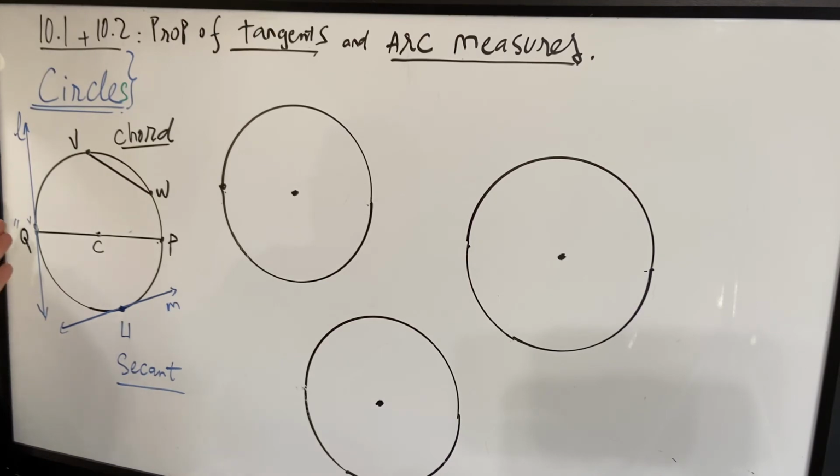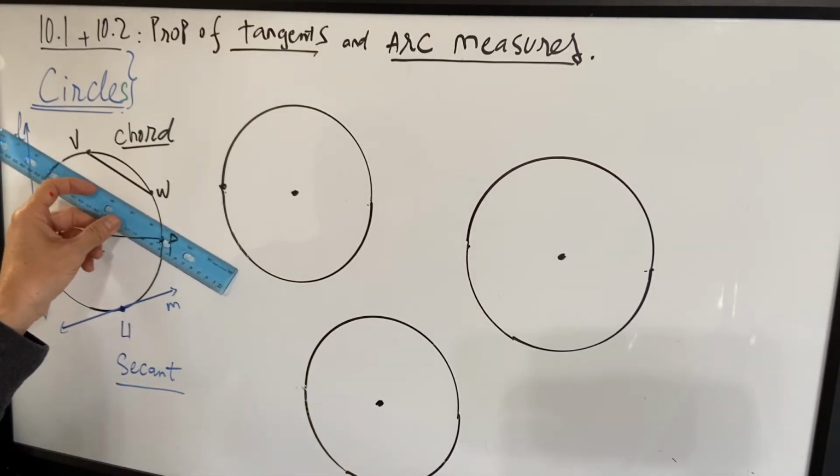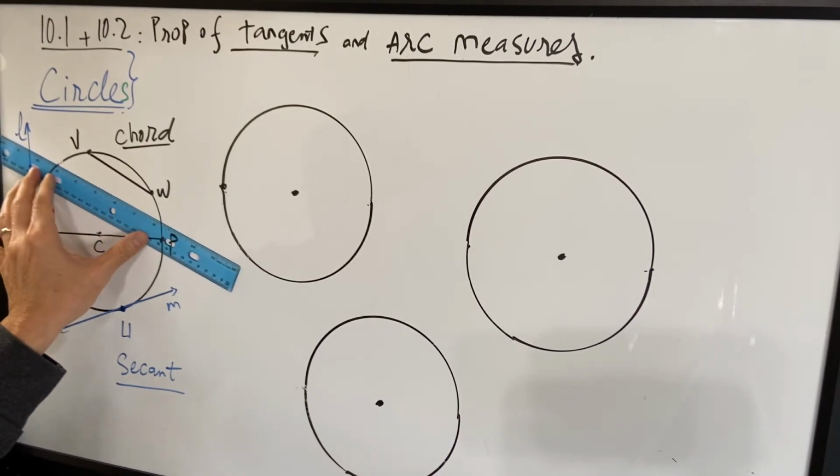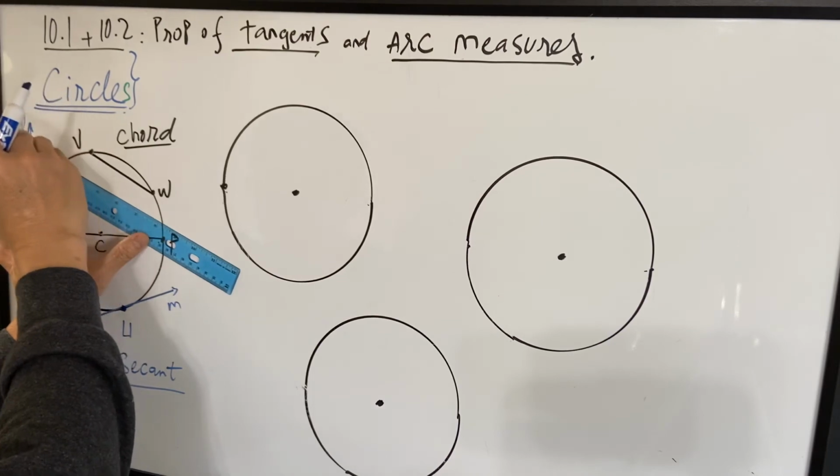Secant is a line, but instead of touching the circle at one point, that secant just runs through the circle. For example, here we go. You have a line that just runs through the circle, okay? And it cuts the circle at 2 points.